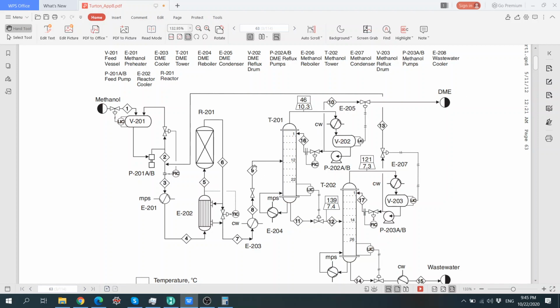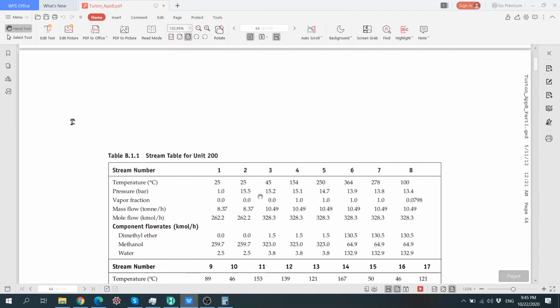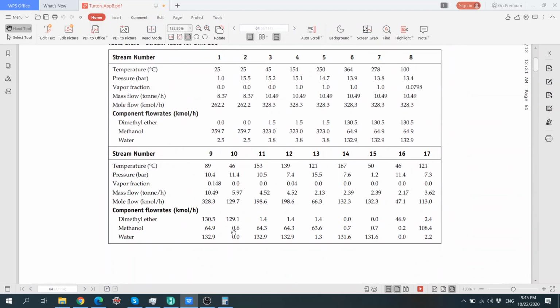So whatever DME is coming in this feed stream, stream number 9, we want to recover as much as possible, right? If in stream 1 the DME is 130.5, in this case we are going to recover 129.1.